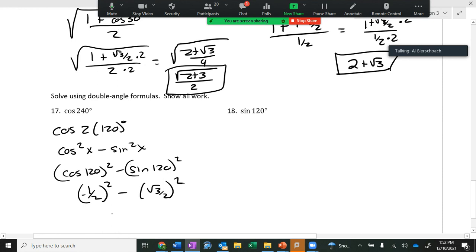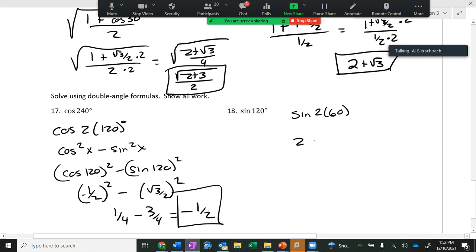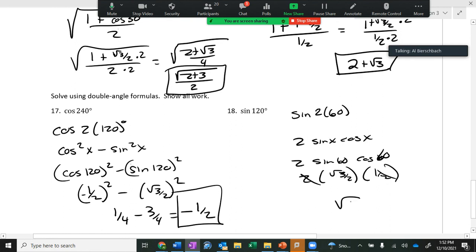So it is 1/4 minus 3/4, which gives us negative 1/2. And the sine of 120 is the sine of 2 times 60, which is 2 sine of x cosine of x, which is 2 sine of 60 cosine of 60, which is 2 times square root of 3 over 2 times 1/2, which these two cancel, so you get square root of 3 over 2.